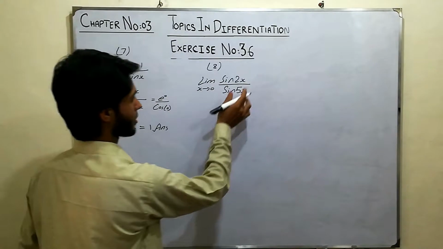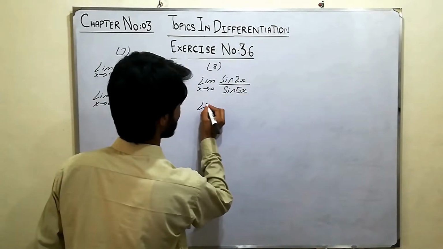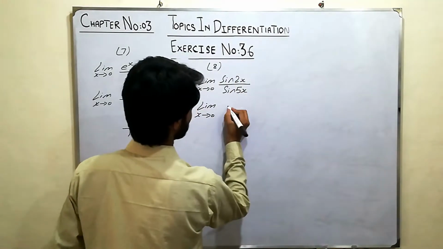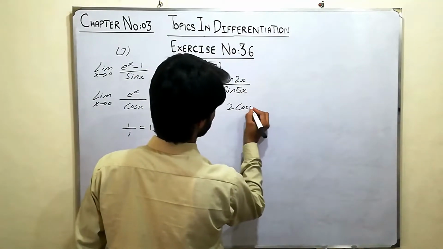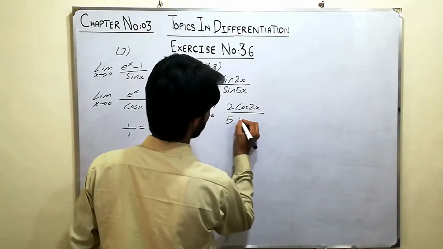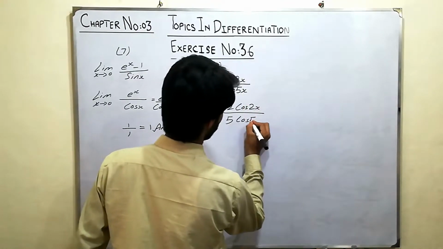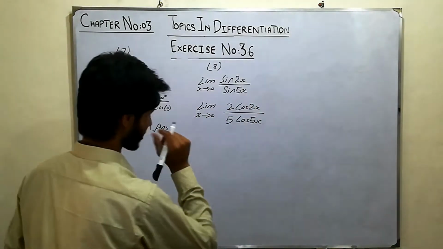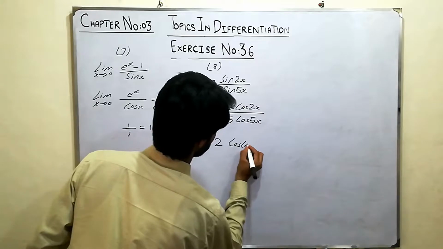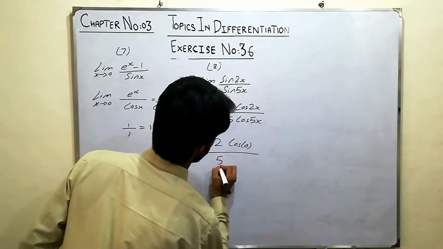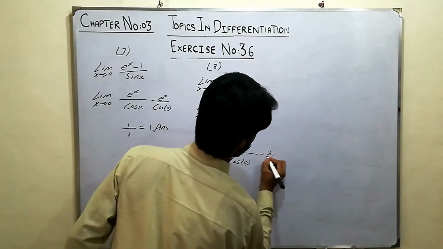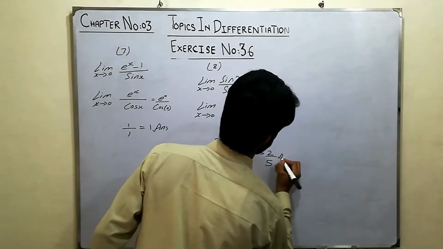We apply case 1, taking the separate derivative of the numerator and denominator. The derivative of sin 2x is 2 cos 2x, and the derivative of sin 5x is 5 cos 5x. Now if we put the limit in that function, we have 2 cos 0 divided by 5 cos 0. We have 2 by 5 as our answer.